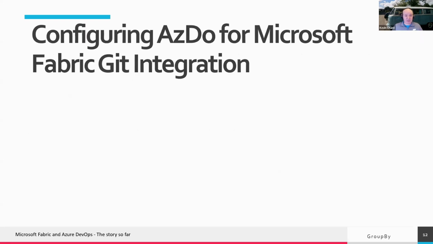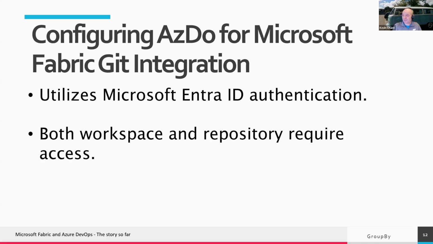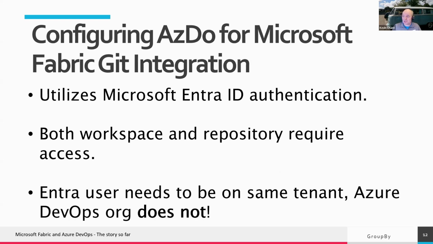So when it comes to configuring Azure DevOps for Microsoft Fabric Git integration, it uses your Microsoft Entra ID authentication. Again, to help with some jargon, this is what was formerly known as Azure Active Directory. That account needs access to both the workspace in Fabric and the repository in Azure DevOps.